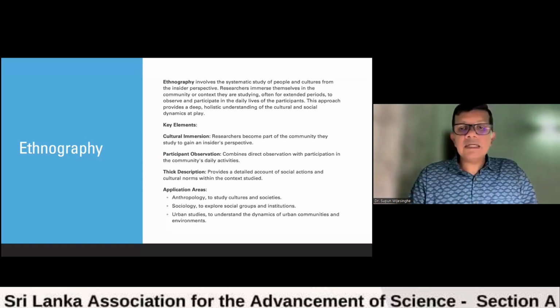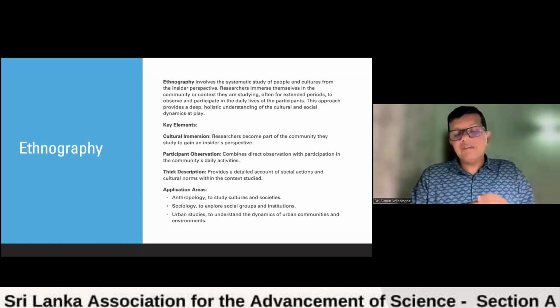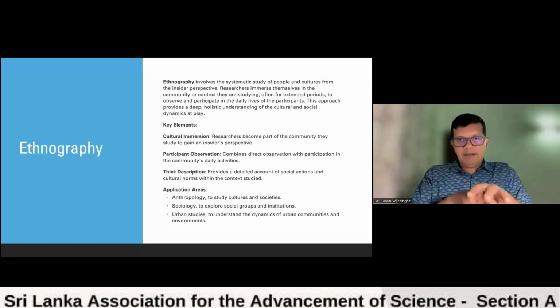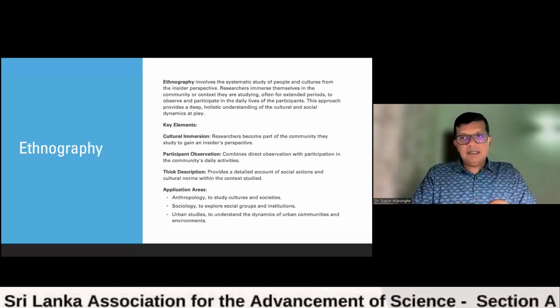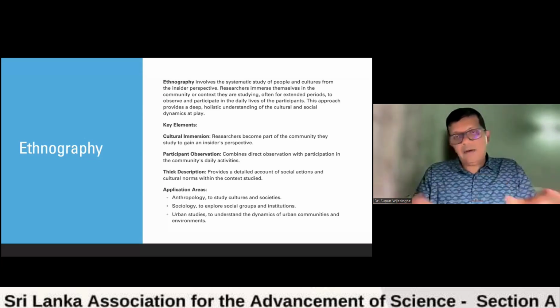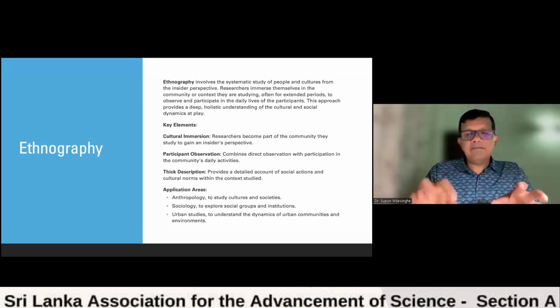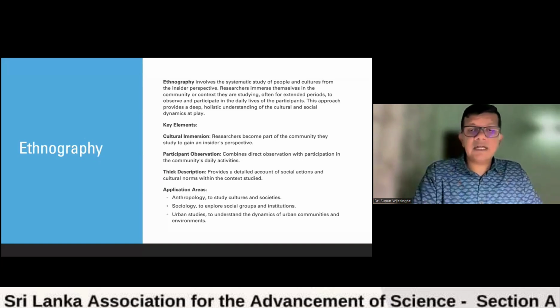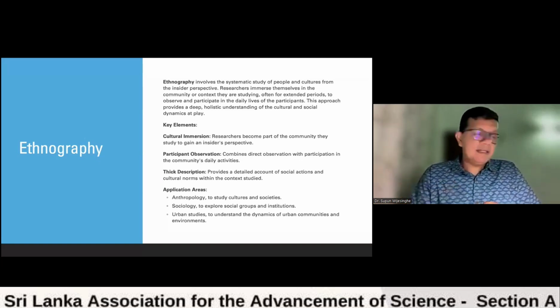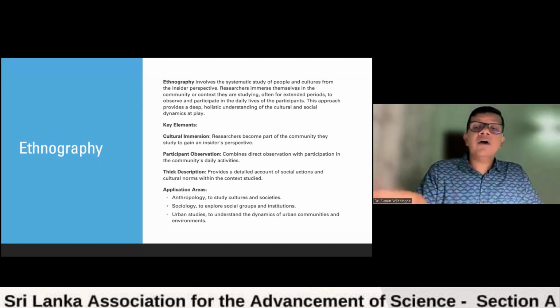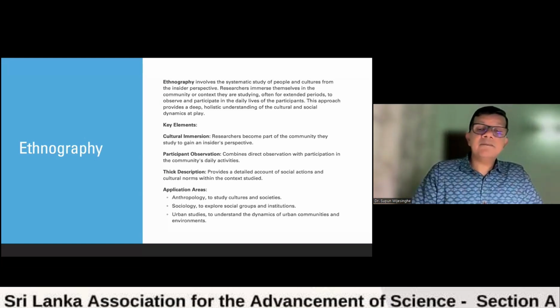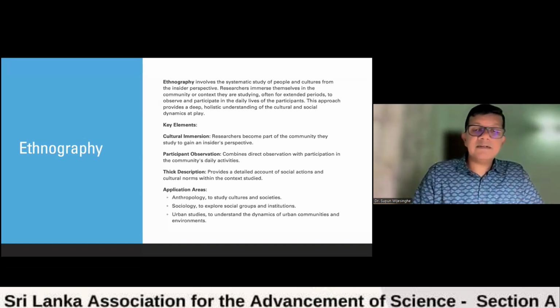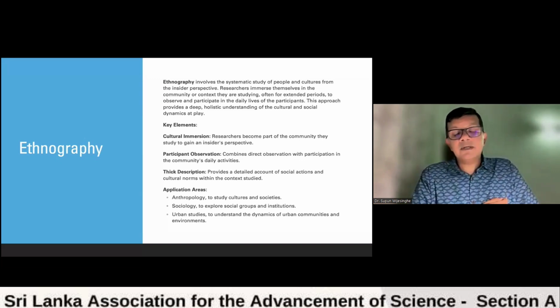And usually, in ethnography, we go to the field as researchers and observe and probably mingle with the people and try to find them. One of the key studies which came up in the recent past is a study of beggars, which is not a medical field of study, but how they behave. So this is a purely observation-based and participatory approach, but participant observation is very important in ethnographic studies.